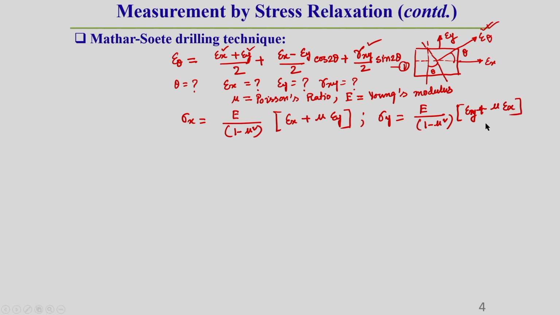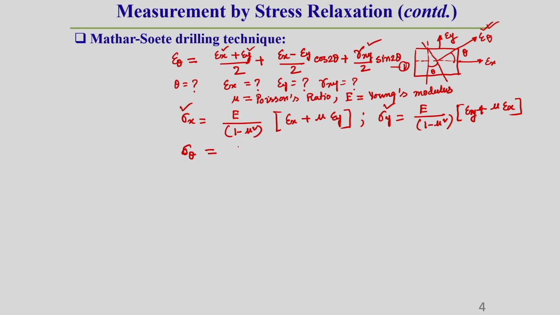In the last lecture I have already discussed this. So, by using this strain gauge measurement data, we can also measure what sigma x is and what sigma y is, correct. Once we know sigma x and sigma y, we can also easily find out the stress value in any direction. That means the sigma theta relationship is also known to us.